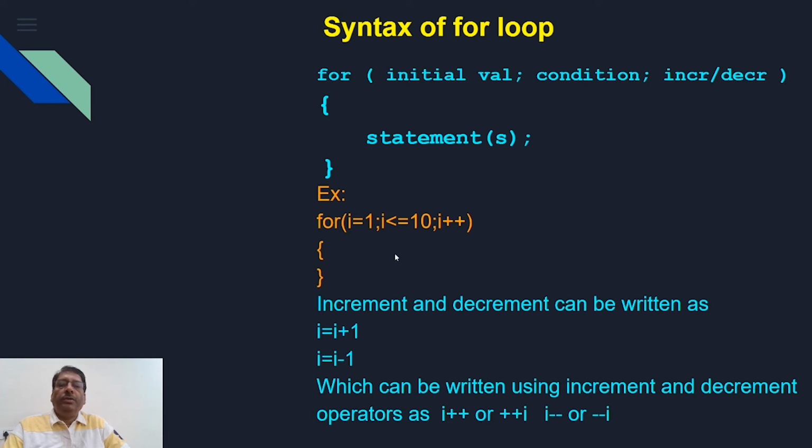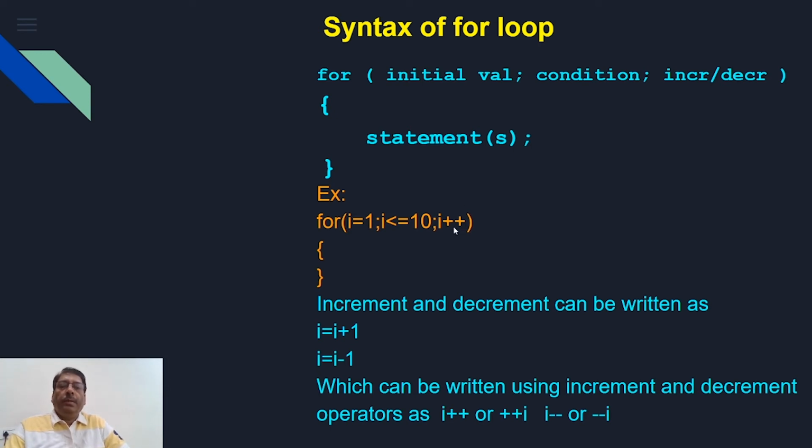It will execute the statement and then it will increment. So it will stop once the condition is false. The condition becomes false when the value of i is 11, which means when the value of i goes from 1 to 10, your statements over here are going to get executed.